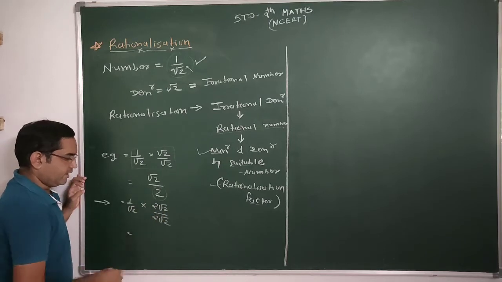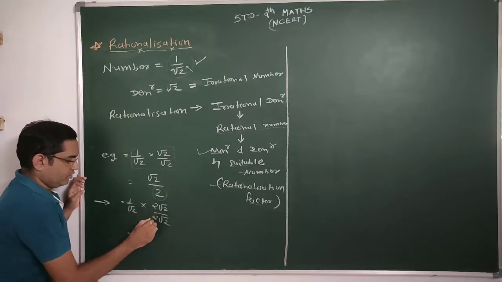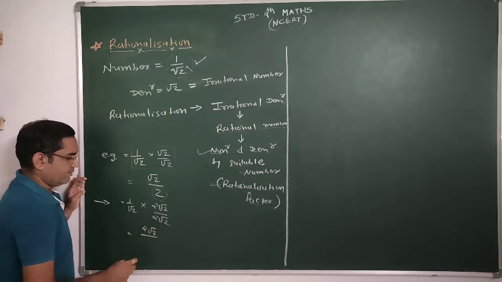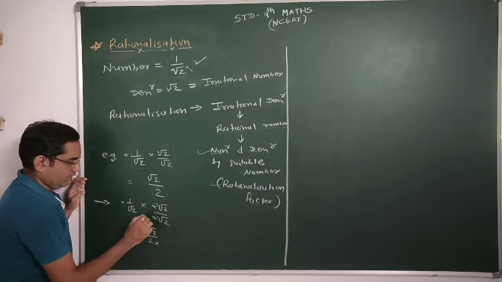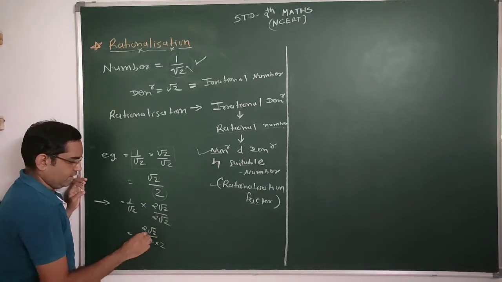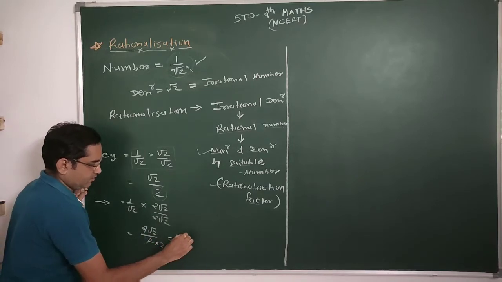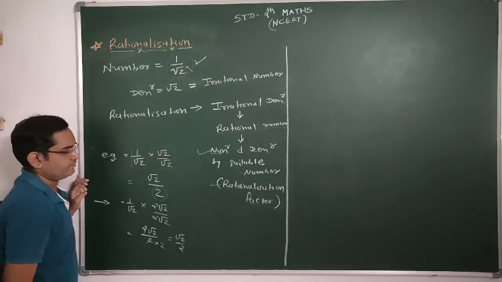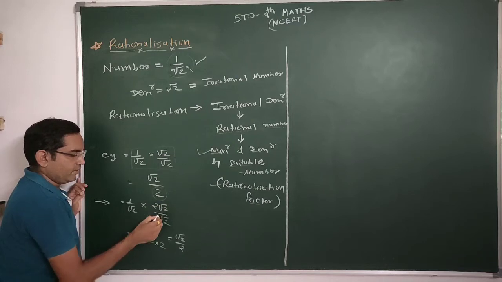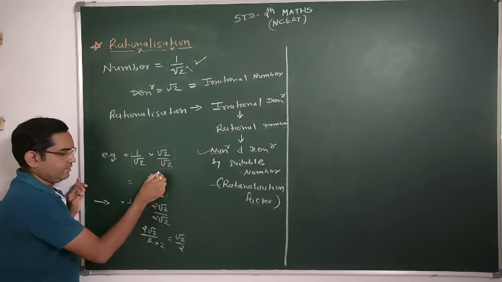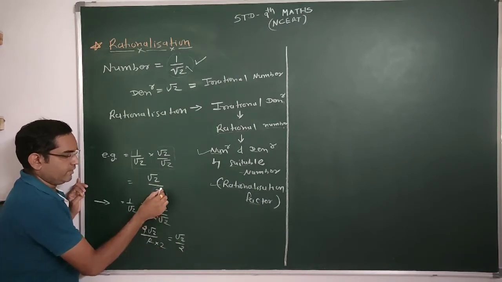So again we get 2 root 2 divided by 2 into root 2, which is 2 into 2, again 2, so this is root 2 by 2. Clear? So instead of multiplying by root 2, if we multiply numerator and denominator by 2 root 2, we get the same number with a rational denominator.